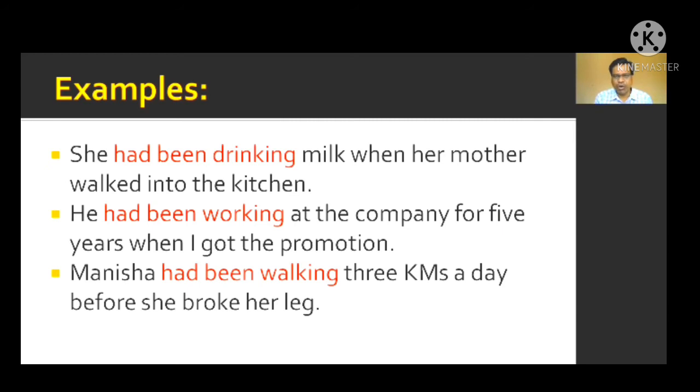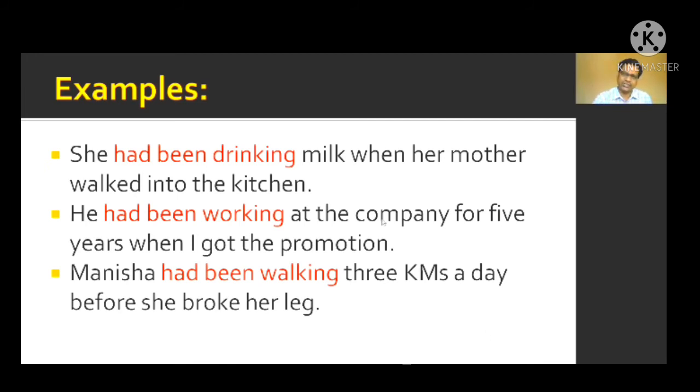Manisha had been walking 3 kilometers a day before she broke her leg. So Manisha is a third person singular proper noun functioning as the subject of the sentence. Had indicates past tense, been indicates perfect tense, walking indicates progressive or continuous tense. It means this sentence is in the past perfect continuous tense.